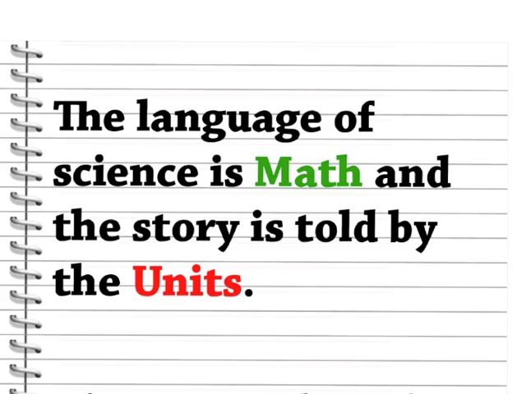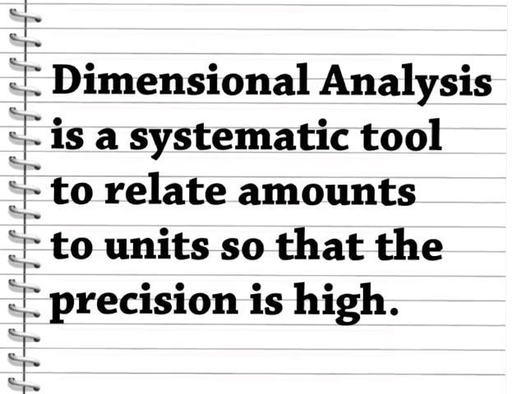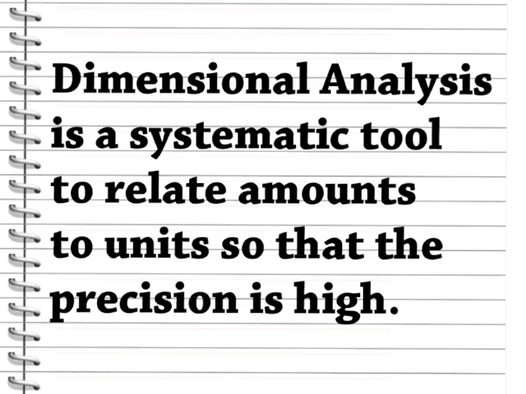One of the things that dimensional analysis does is it deals with making sure the units are the same, and we are able to relate the amounts to the units, and that gives us a high precision. So it's something that we're going to be using a lot. In fact, probably every day for the rest of the semester.